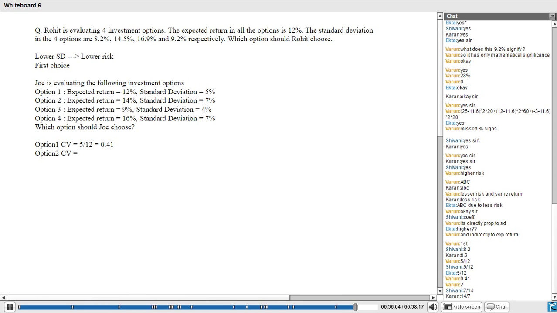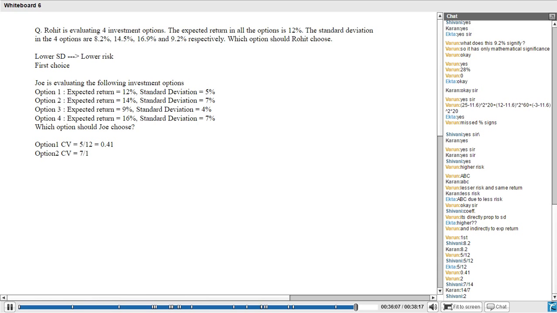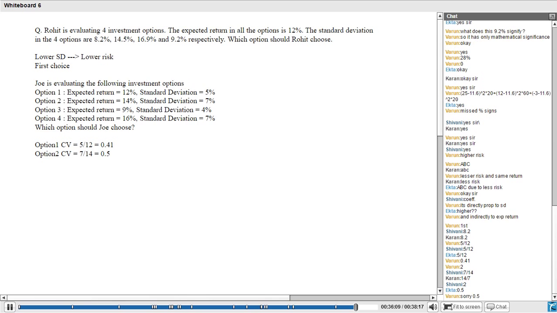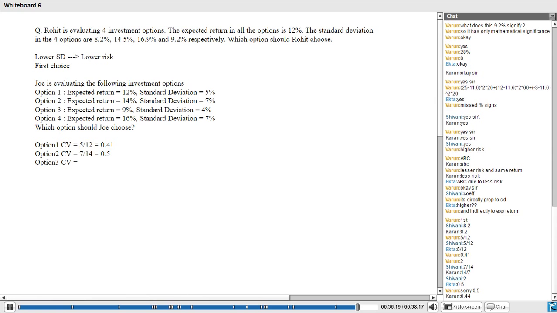Yeah, 7 by 14, exactly Shivani, which is 0.5. In option 3, what will be CV? Yeah, Karan, it will be 4 by 9, which is 0.44, exactly.